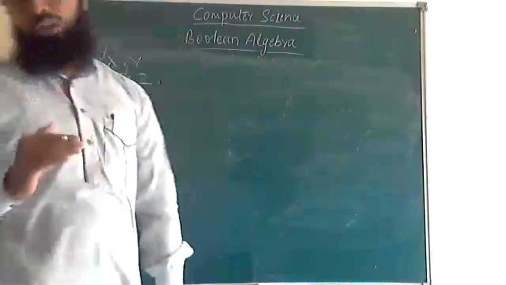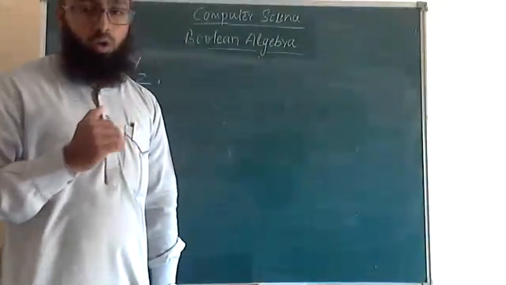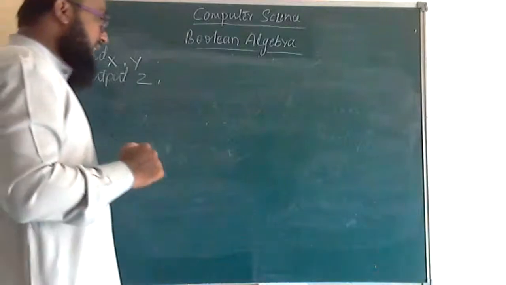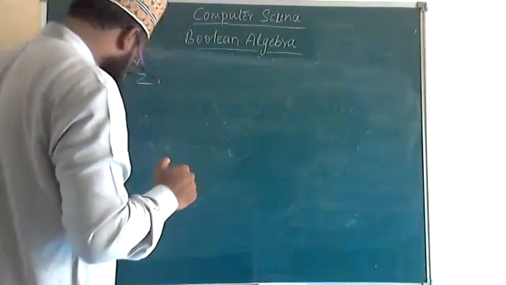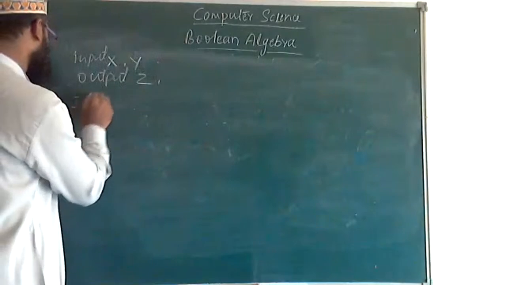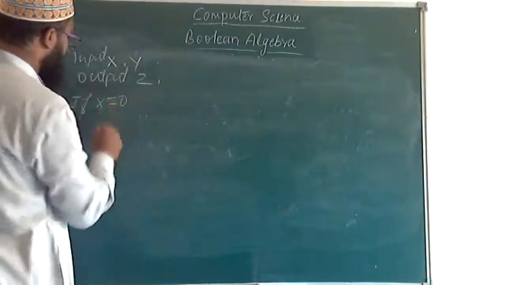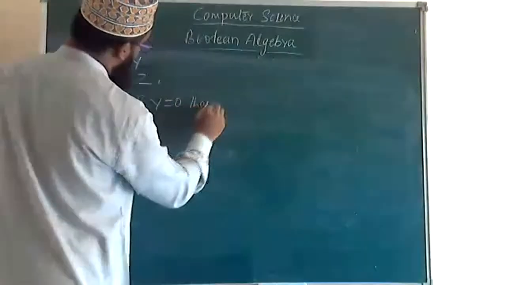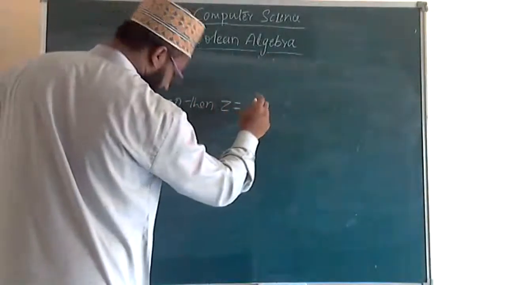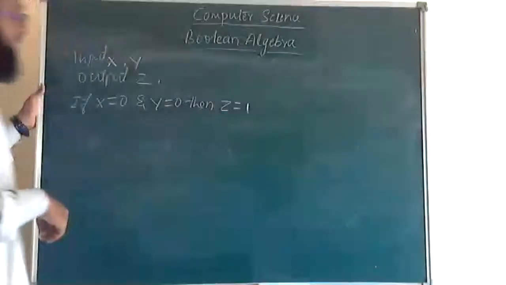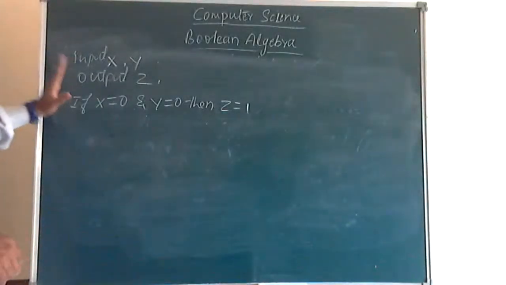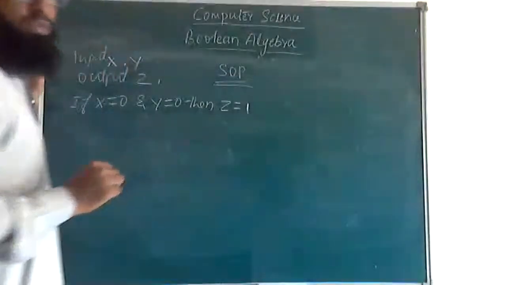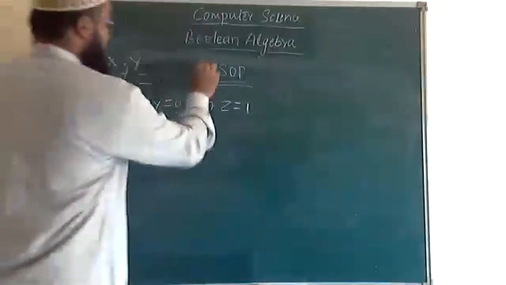As we create a truth table for the AND operator and OR operator, the same way here also some conditions are there. Look here. If x is equal to 0 and y is equal to 0, then z is equal to 1. This is the condition of SOP form, sum of product, first one.